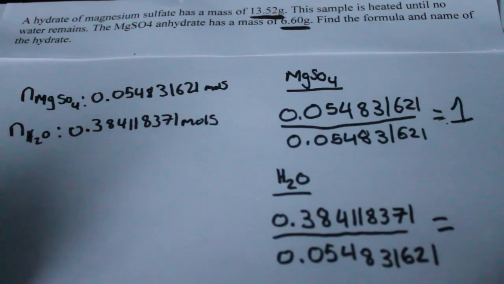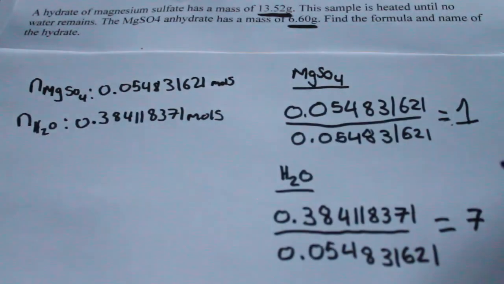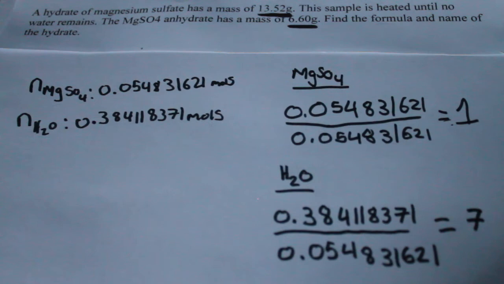This is equal to approximately 7. So for every 1 mole of magnesium sulfate, we have 7 moles of H2O. So there is a 1:7 ratio.